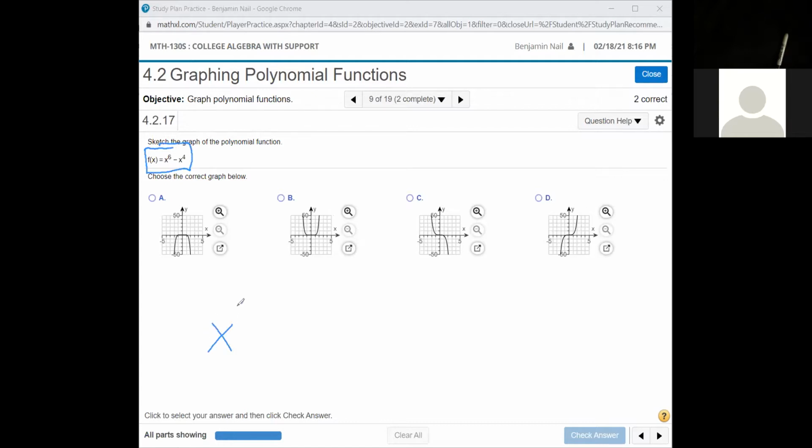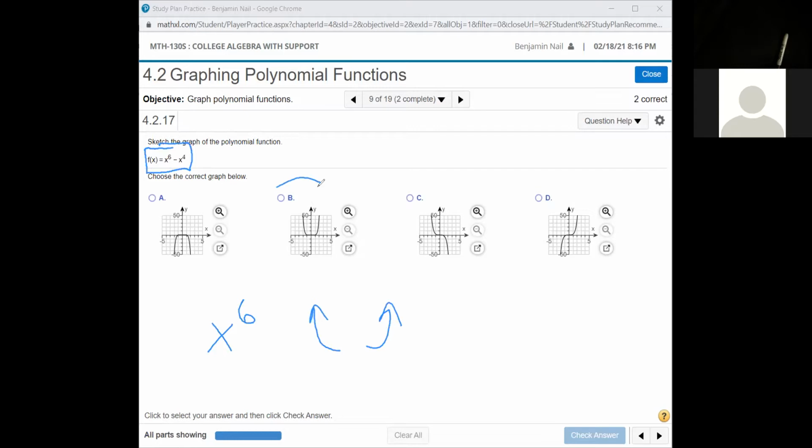This x to the 6th is a positive, even polynomial. Okay, so again, just focus on the biggest power, positive, even polynomial. My end behaviors should both be going up. Here they're both down. Here's one up, one down, one down, one up.